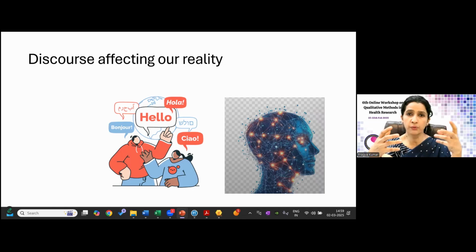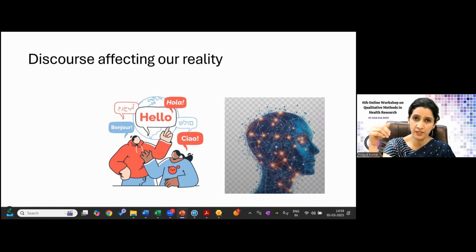The moment kids hear any advertisement, most of the time they will ask for that particular thing, maybe a game or some CD or some movie or some new eating material. So through different languages, whether written or audio, it is coming to them and that is affecting their reality.